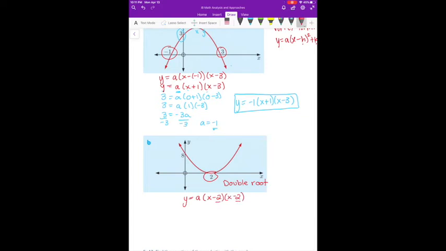Basically, the zero repeats itself, so it's called a double root. Or we would use y equals a times x minus 2 squared.